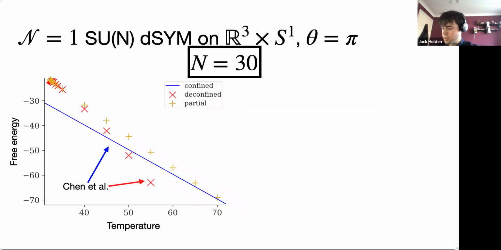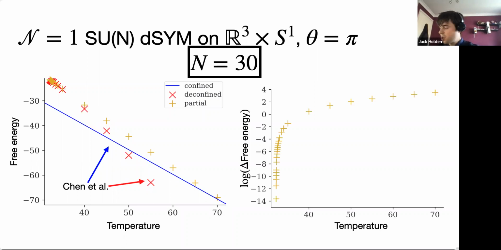And we can do this also at finite N. So this is the case for N=30, where we get the familiar swallowtail pattern, where the free energy of the partial phase connects smoothly the deconfined and the confined phases. And so if we look very close in this region, we can see the transition temperature between the partial and the deconfined phases is about 32.2.